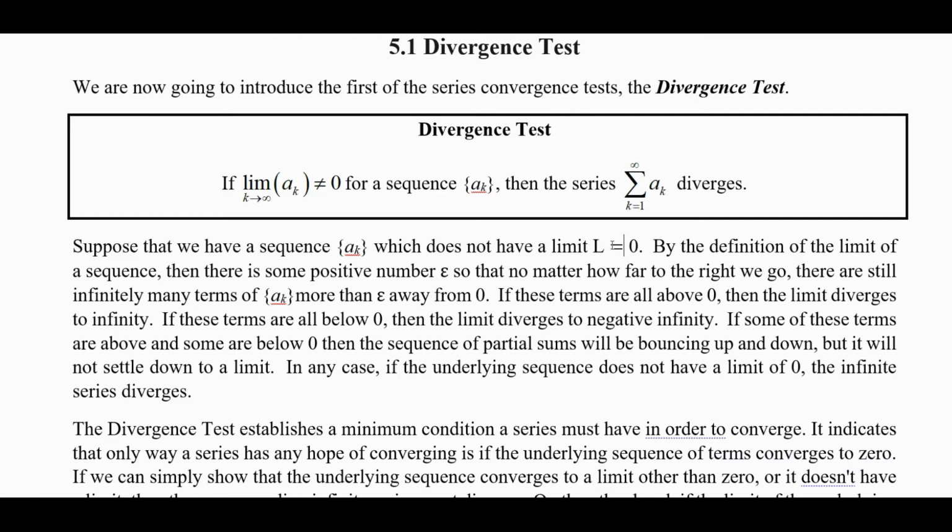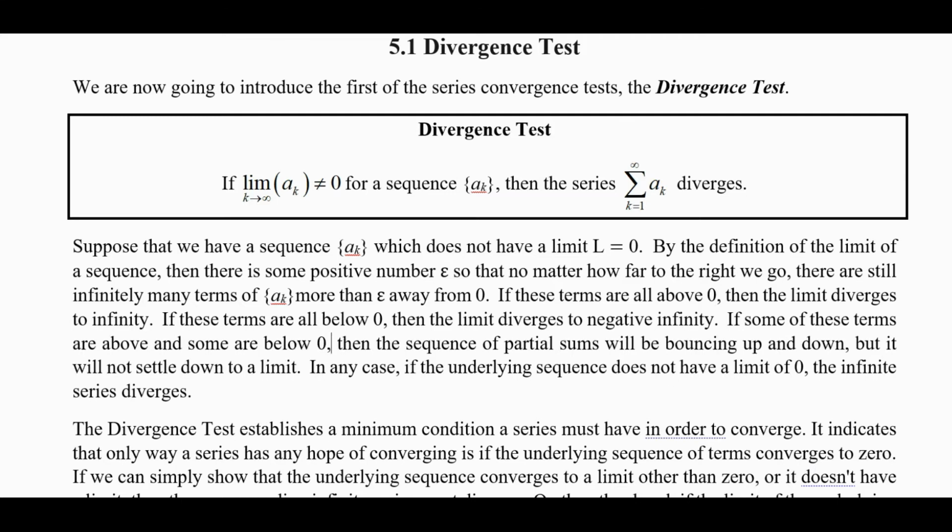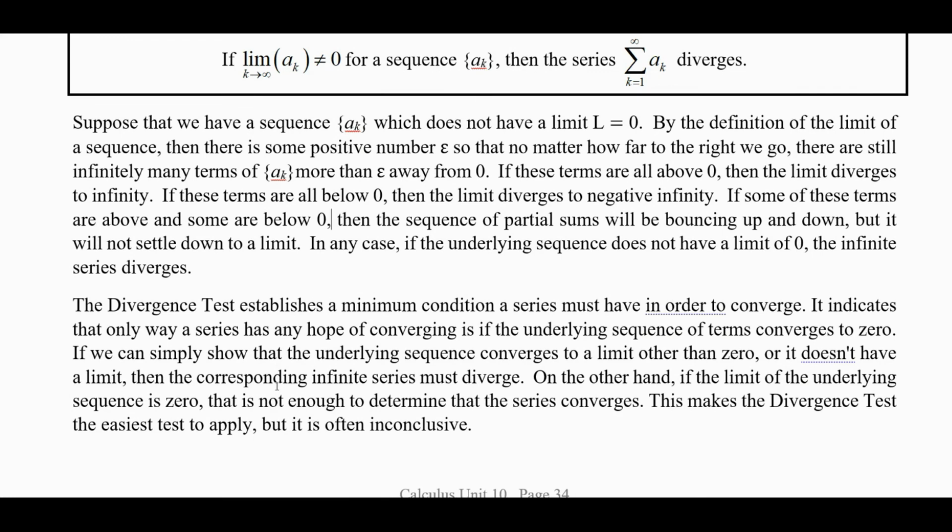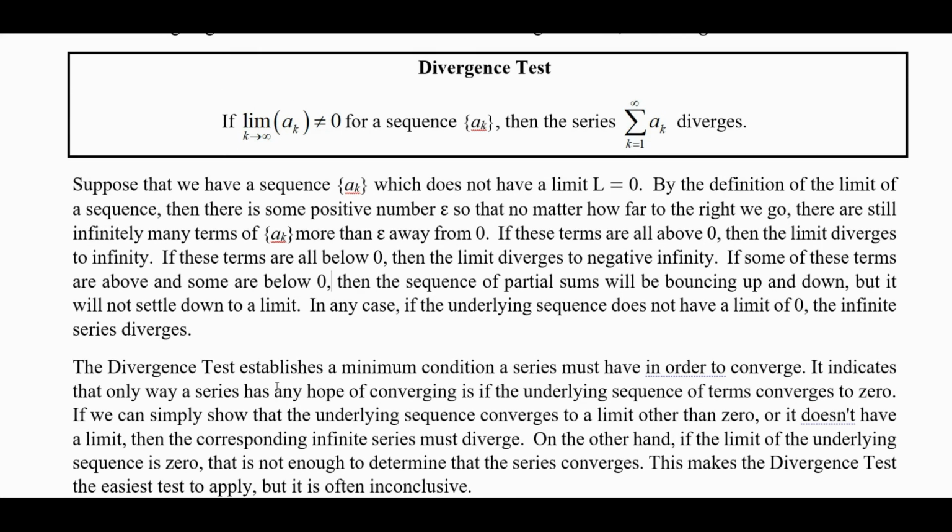If some of these terms are above and some are below 0, then the sequence of partial sums will be bouncing up and down, but it will not settle down to a limit. In any case, if the underlying sequence does not have a limit of 0, the infinite series diverges. So the divergence test establishes a basic minimum condition that a series must have in order to converge.